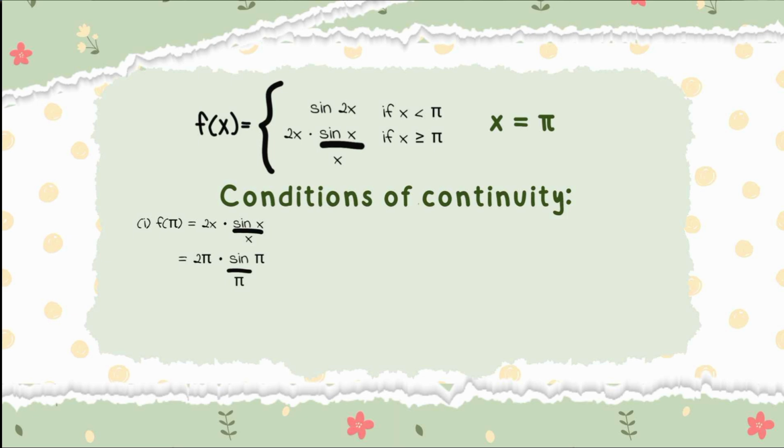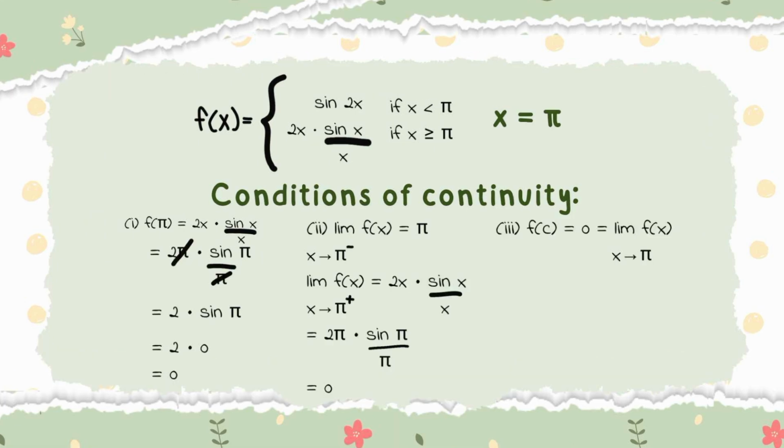On the first condition, we're going to use the second piecewise function since our x equals pi. We substitute pi for x, which gives 2 pi times sine pi over pi. We cancel out the common factor pi, so what remains is 2 sine pi. And the value of f of pi will be 0.